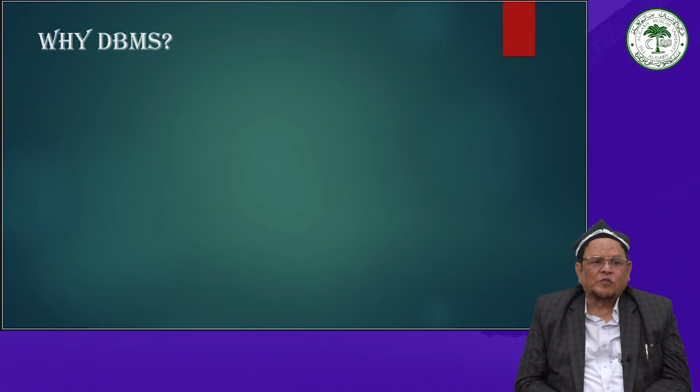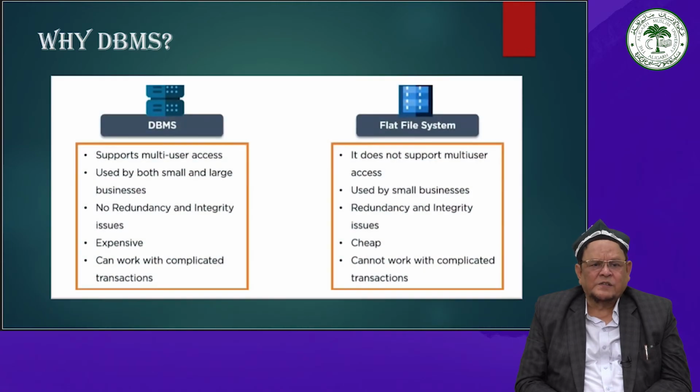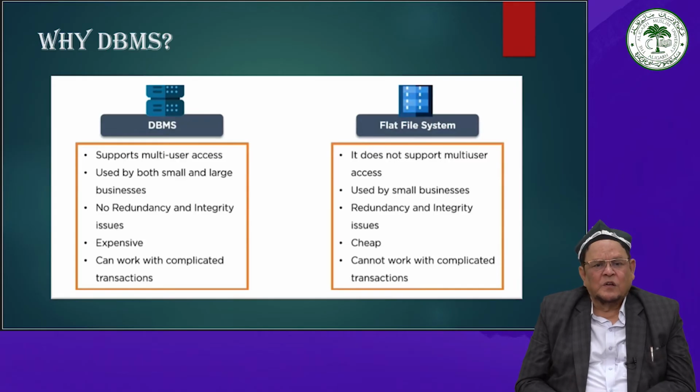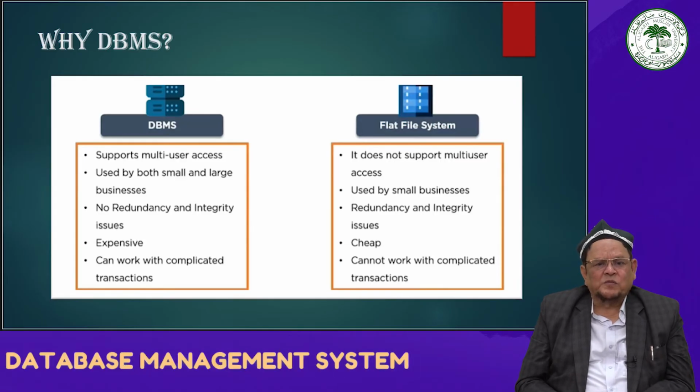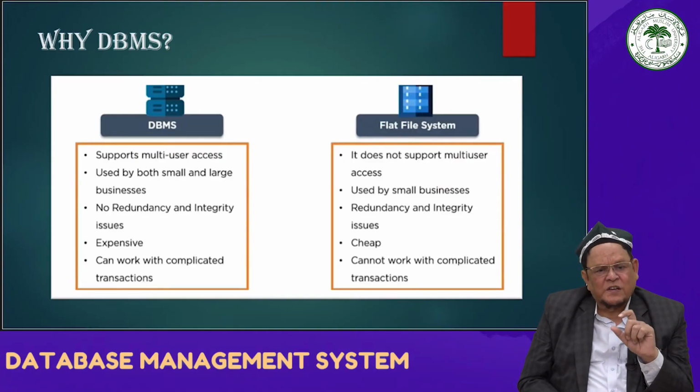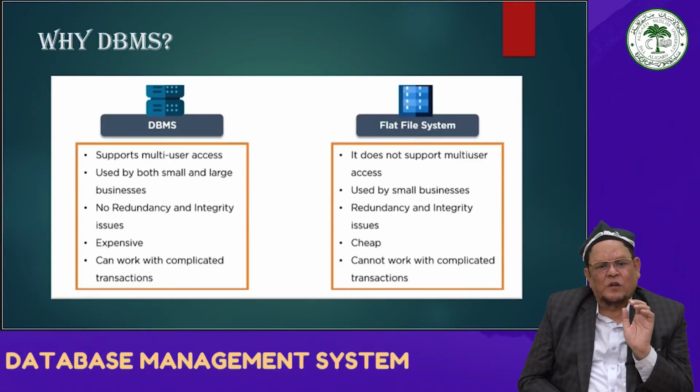Then we have to come to why a DBMS is needed. What is the role of databases? The role of the database management system comes into the picture. It is the architect that organizes, stores, and retrieves our data. Imagine it is a digital librarian ensuring all information is easily accessible.